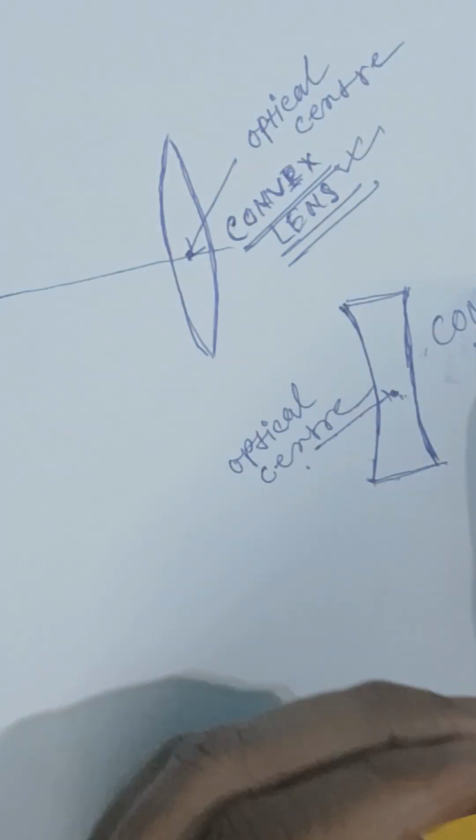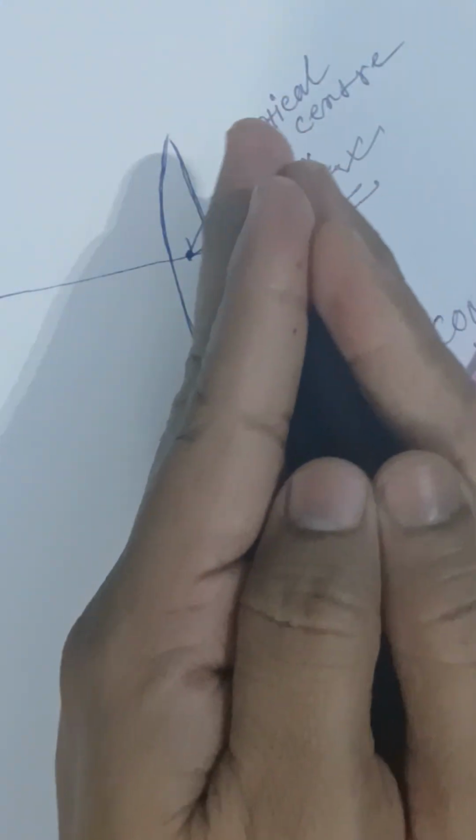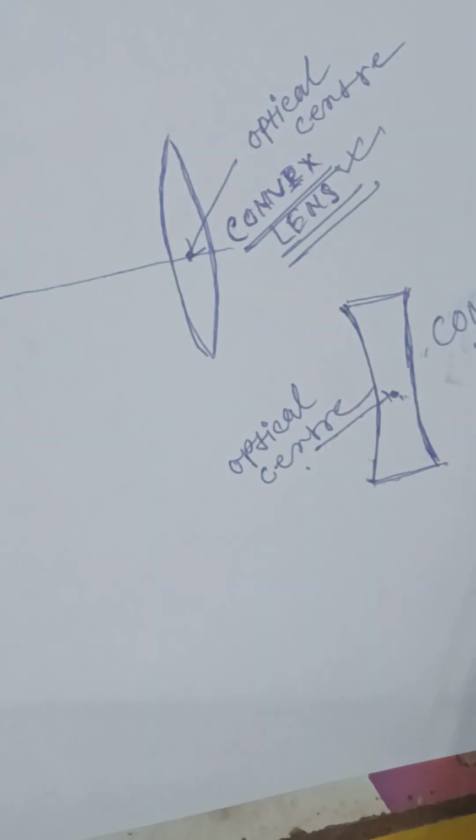If you place your hand like this, this upper side is one surface of the convex lens, and there is another one. This type of shape, on both sides, is convex lens, and concave means opposite, like this. So this is concave lens.